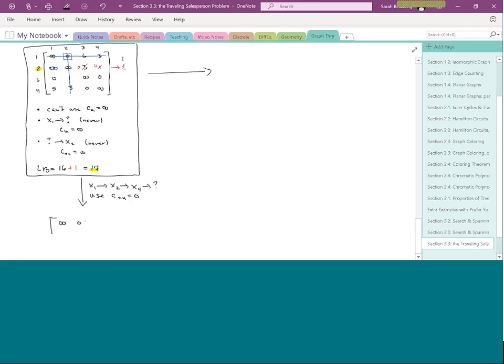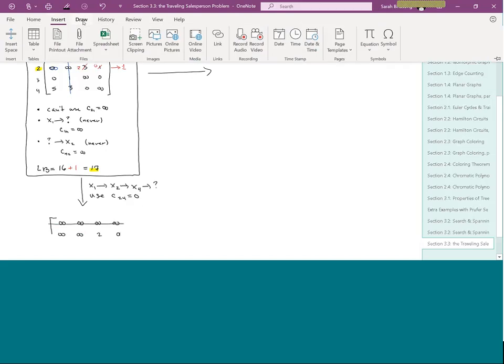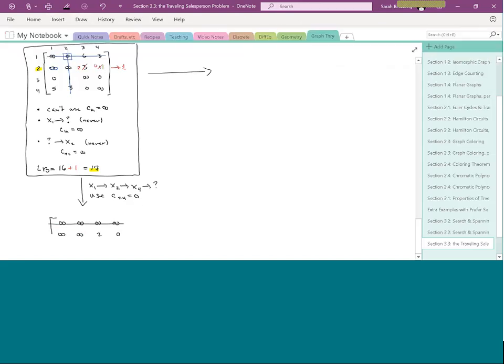The top row, all infinities, and I'm going to cross it off. Second row, we have infinity, infinity, 2, and 0. And it was the 0 guy that we were using. So let me actually go ahead and highlight that right here. That's the one that we were using.